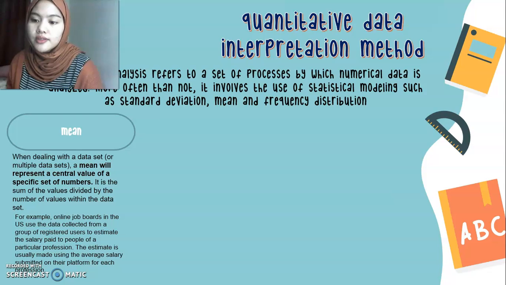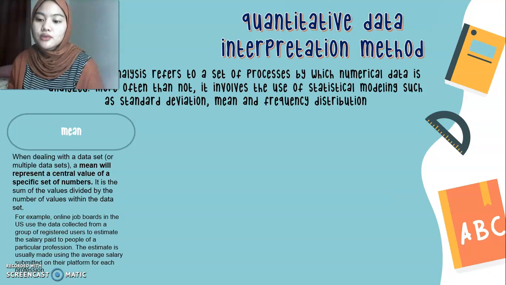It is the sum of the values divided by the number of values within the dataset. For example, online job boards in the United States use the data collected from a group of registered users to estimate the salary paid to people of a particular profession. The estimate is usually made using the average salary submitted on their platform for each profession.